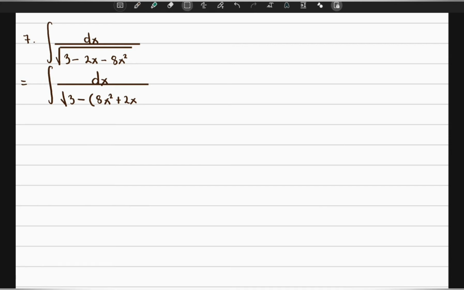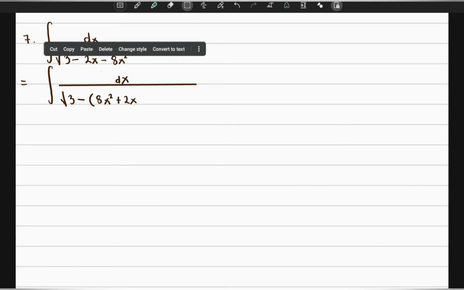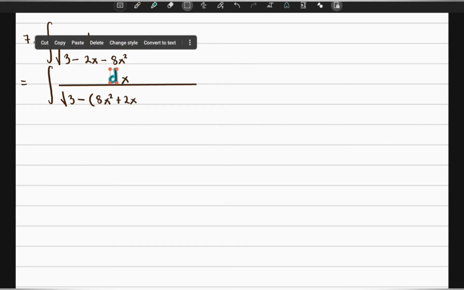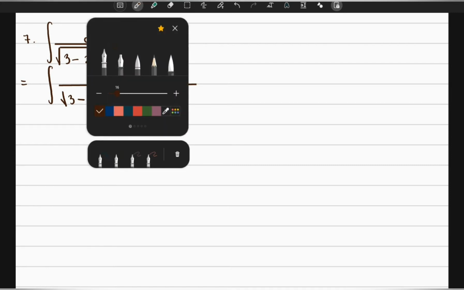So, habaan ko lang to. Kita ano nangyari? Lumiit yung D. Ayan. So, magko-complete squares tayo guys dito sa loob ng square root.